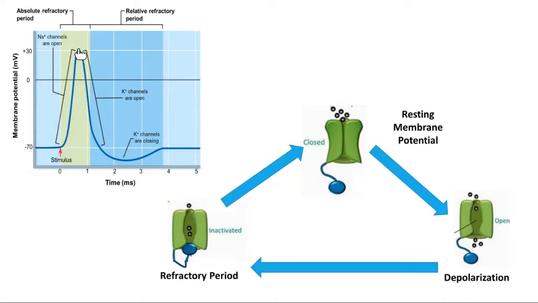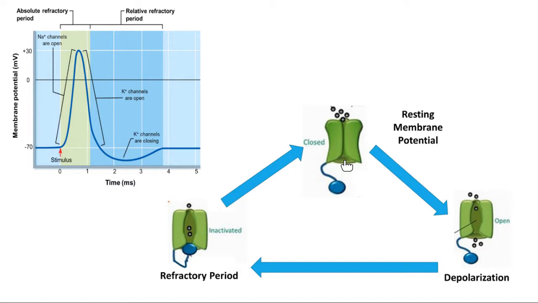So at this point in the graph, all the way until we get about back to threshold, we're going to have this blocking protein, or an inactivation protein, blocking the channel. It's not until we get all the way back to below threshold and resting membrane potential that our protein is restored to its normal shape and it's ready to hear messages again.